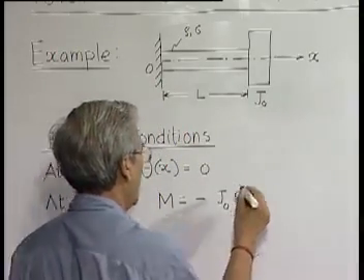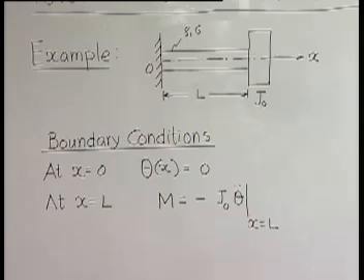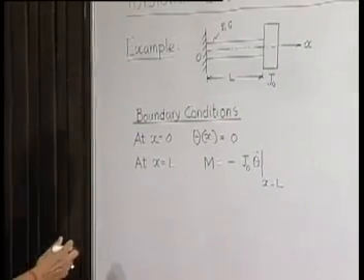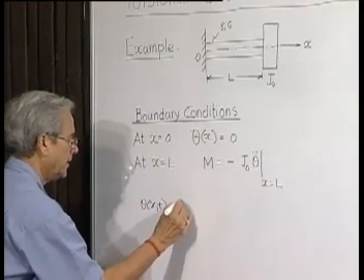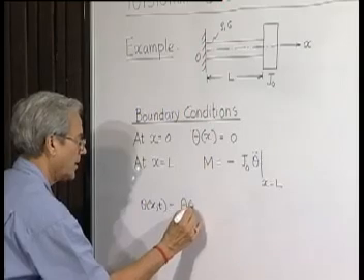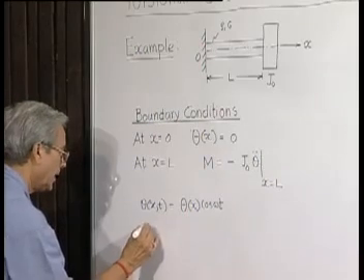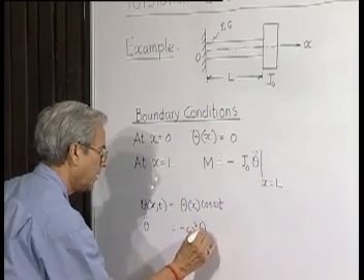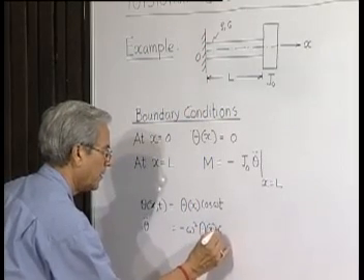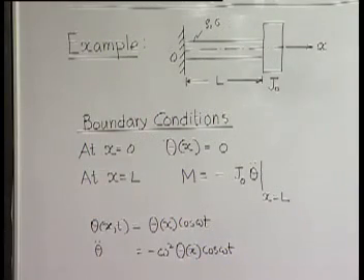Theta double dot at x equal to L. Now if we know that theta, which is a function of x and t, is written for natural mode of oscillation like this, then theta double dot is nothing but minus omega square theta, so we can substitute it there and find out the value.